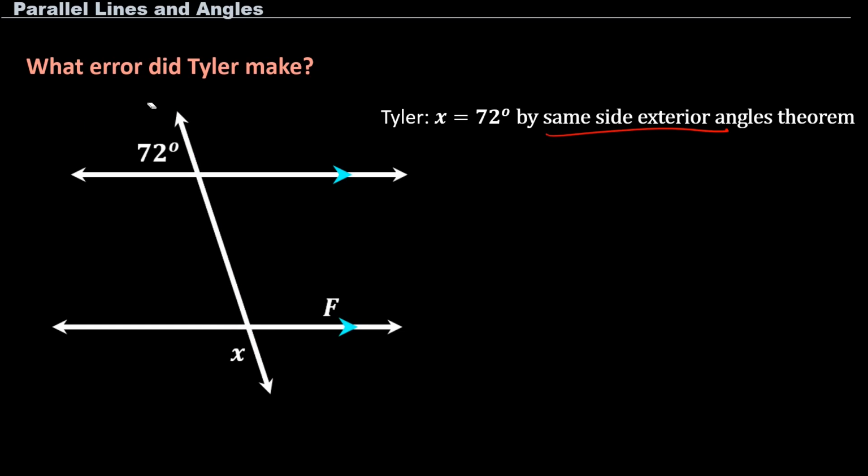But the issue that Tyler ran into is that they are not congruent. Same side exterior angles are supplementary to each other. So it should not be 72 degrees. It should be 180 minus 72, which is 108 degrees. That is what Tyler should have been saying that this x value was equal to.